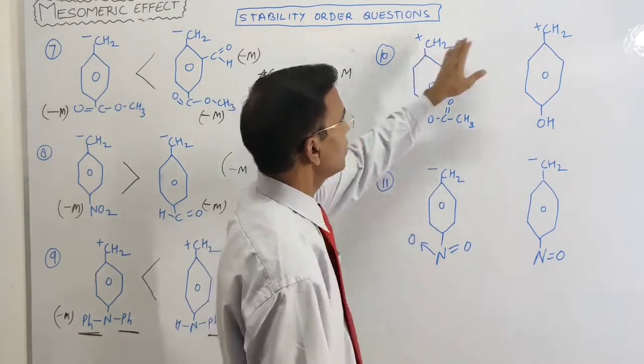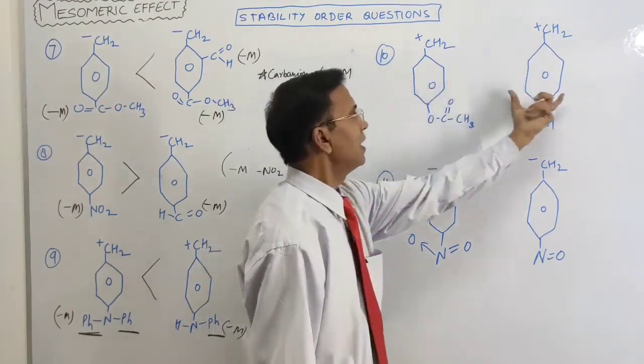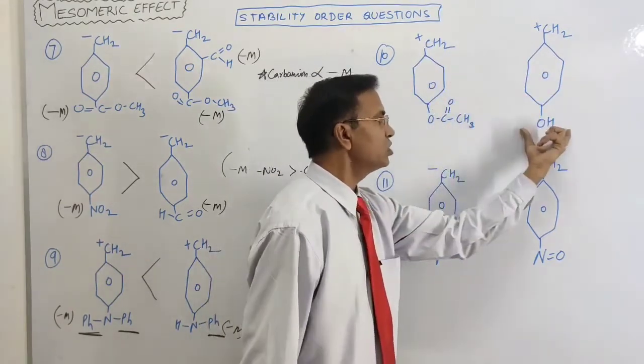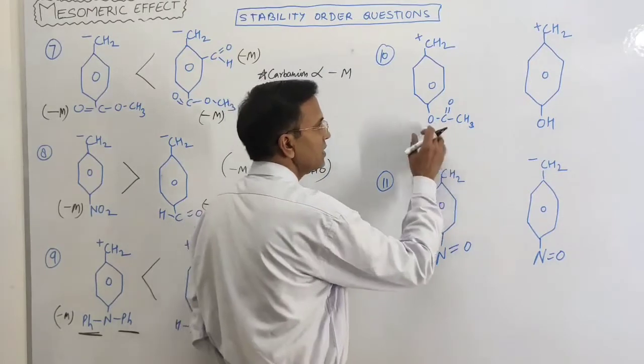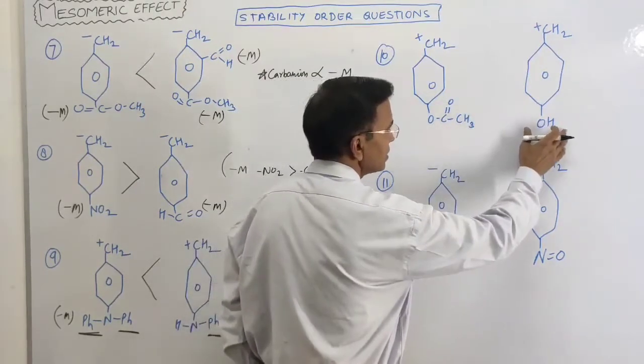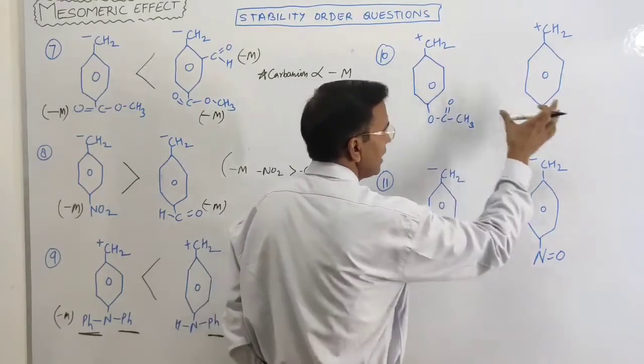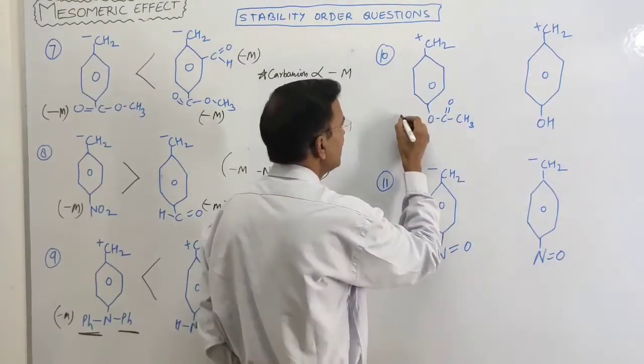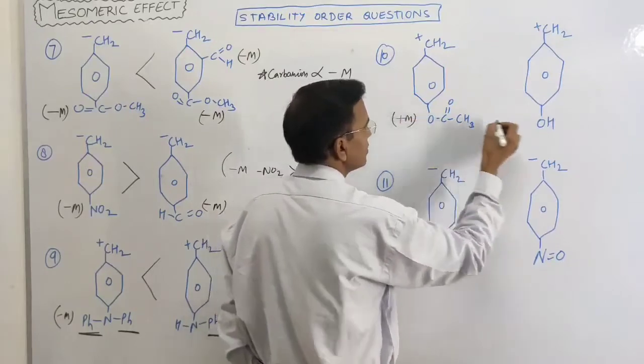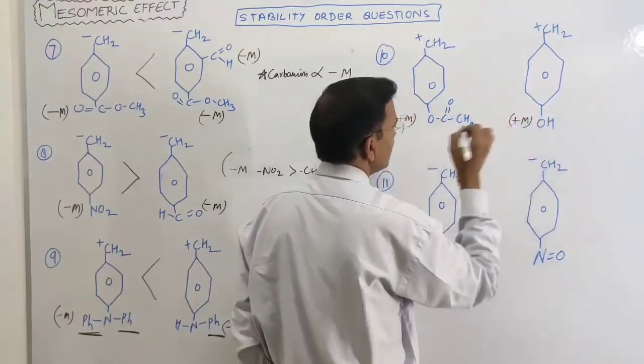Here again the carbocation is there, and benzene is substituted at the para positions. In the first it is OCOCH3, in the second it is OH, right? OCOCH3 and OH both show the plus M effect, right?